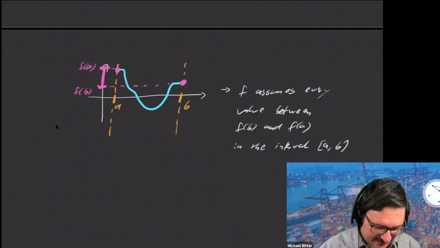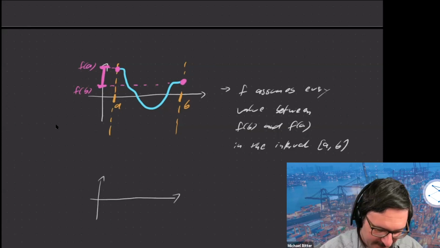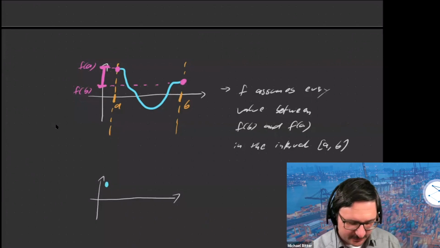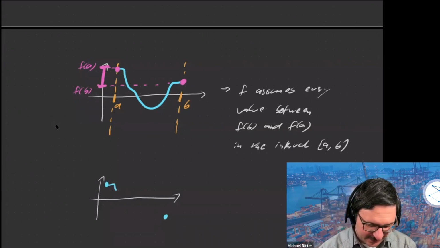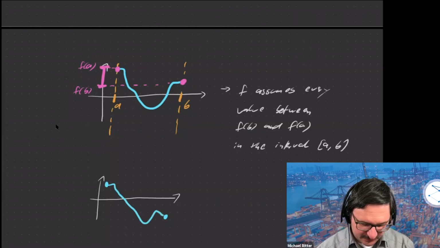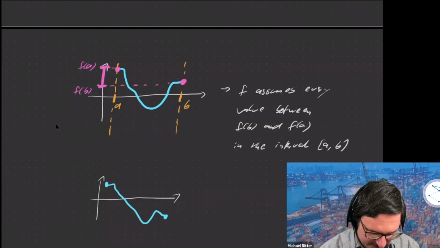Maybe the most common application of that theorem is this: if there is a point where the function has a positive value, and there is a point where it has a negative value, then it will assume every value in between those two points somewhere.